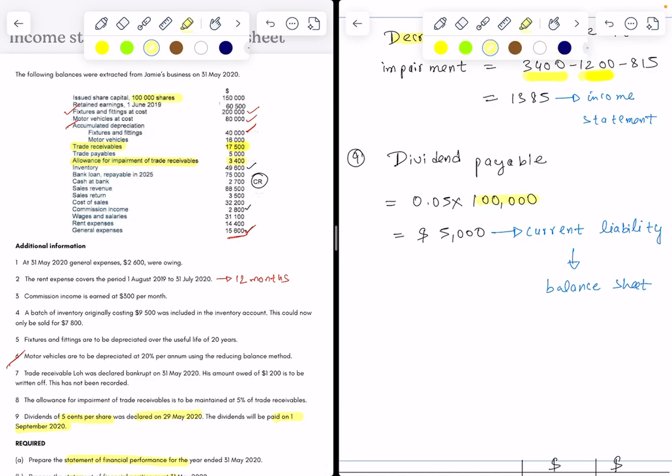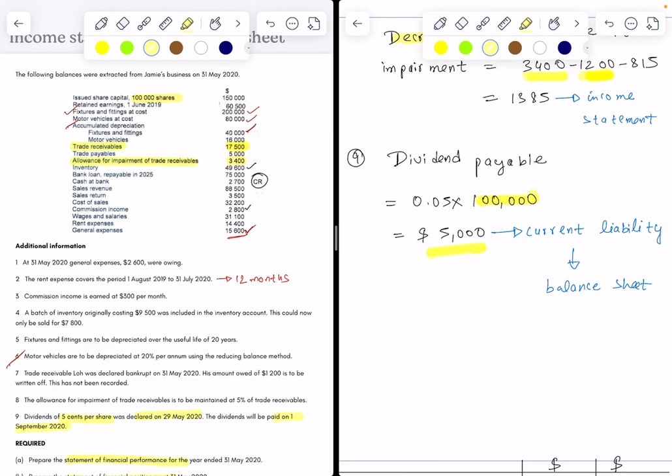So that is why 5 cents is multiplied with 100,000 shares, and that gives us $5,000 as the dividend which we have to pay and record as a current liability in our balance sheet. Also, this $5,000 will be accounted for as part of our retained earnings calculation at 31st of May 2020 after we have calculated any profits or losses from the income statement. All right, so we will come back to this again.